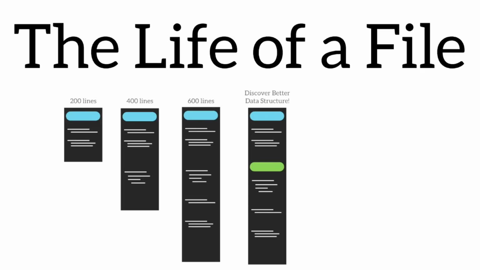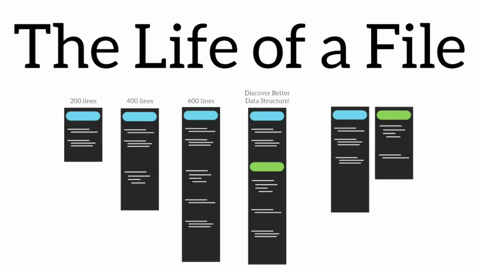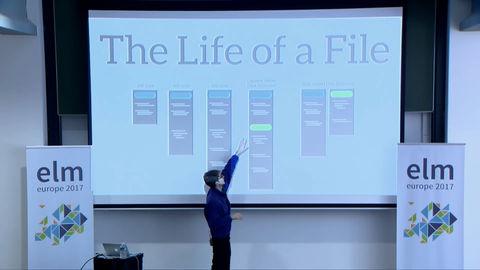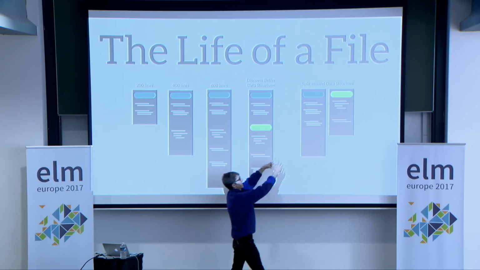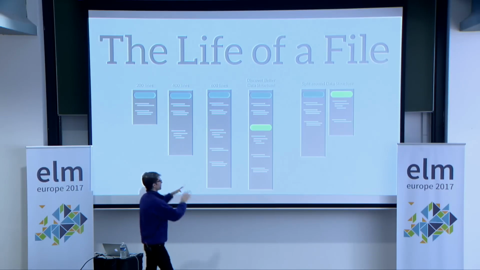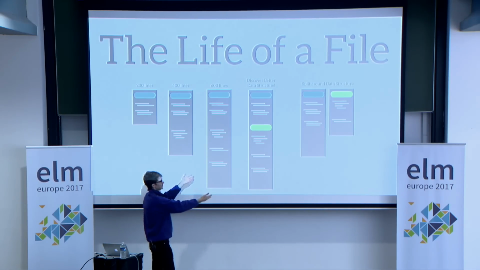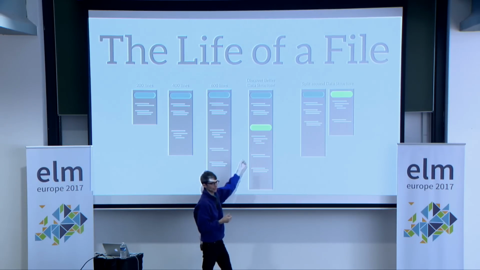So hey, we discovered this better data structure. So the next step that may happen is we split around the data structure, right? Once we discover that there's this other chunk that we can grab onto, that can become the heart of a nice module. And so this is the typical process that I always follow. It's basically: grow until I find a data structure that I can split on.